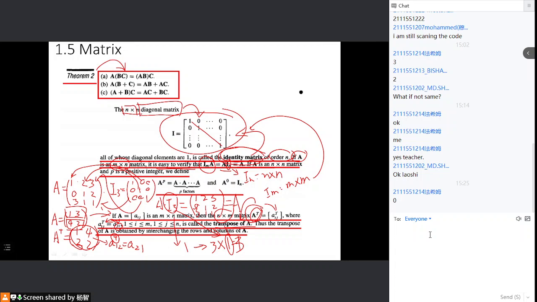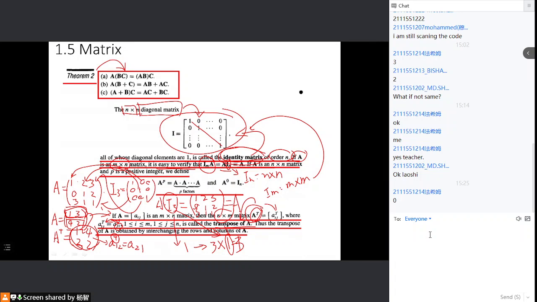We just turn this matrix around. And every row of the matrix A becomes the corresponding column of the matrix AT.